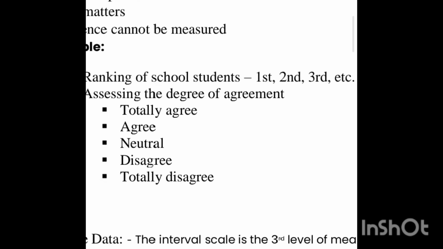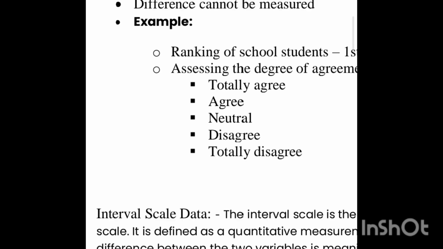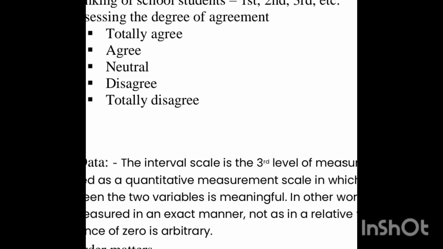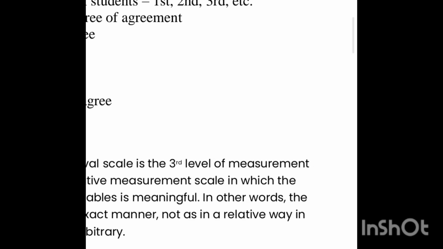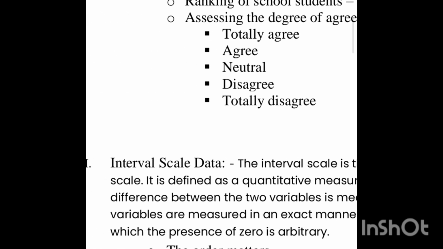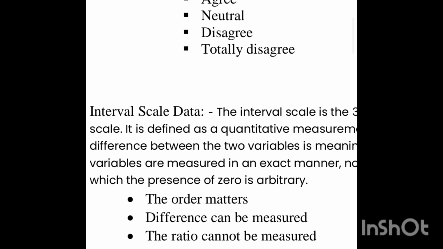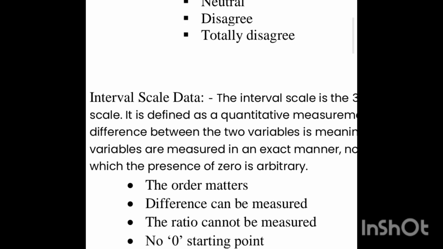In other words, the variables are measured in an exact manner, not in a relative way, in which the presence of zero is arbitrary. Here, the order matters, difference can be measured, ratio cannot be measured, and no zero starting point.